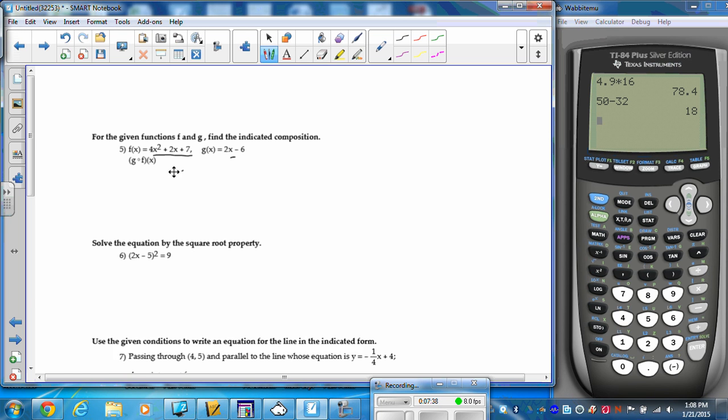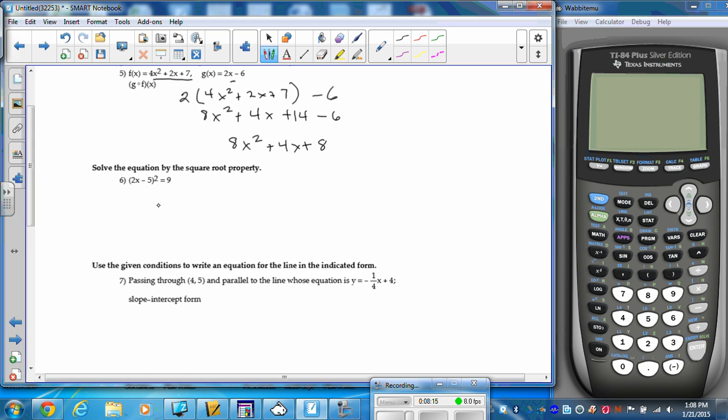So g of f of x is 2 times 4x squared plus 2x plus 7 and minus 6. Don't forget the minus 6 part. So it's 8x squared plus 4x plus 14 minus 6. So our final answer for question number 5 is 8x squared plus 4x plus 8, because 14 minus 6 is 8.